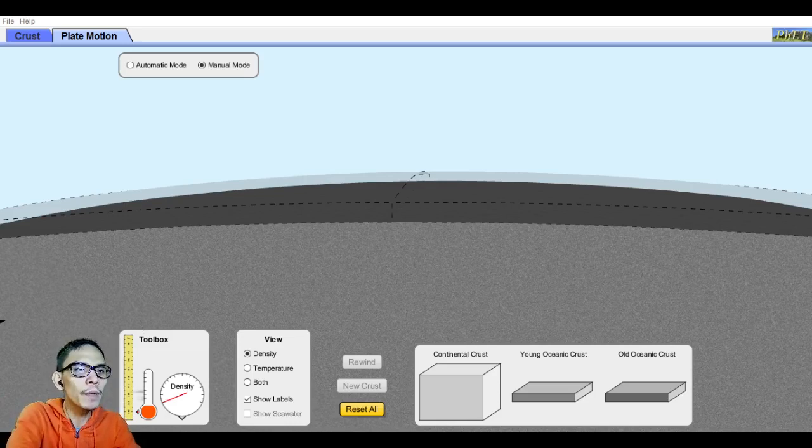Earlier, we discussed the divergent plate boundary, and this simulation is very good at helping you understand how the divergent plate works, by just clicking things that we have right here.